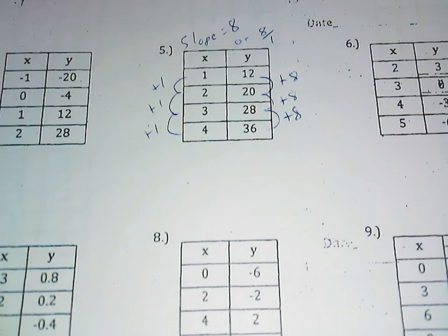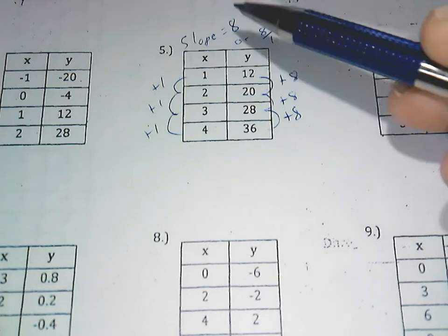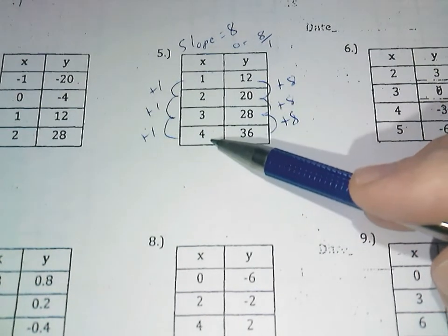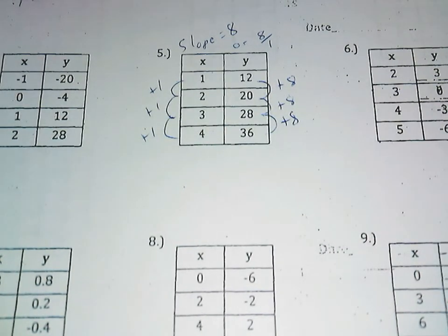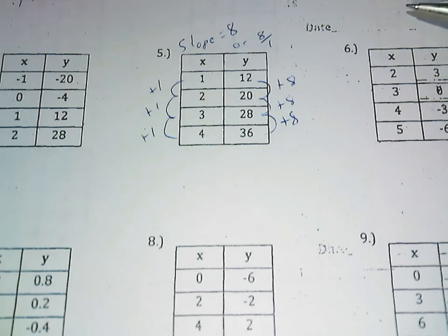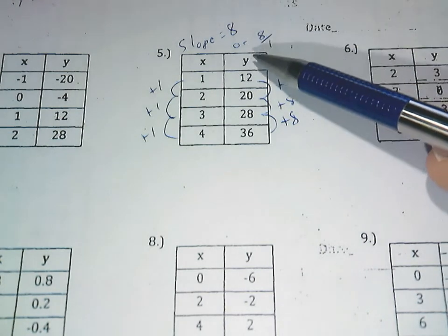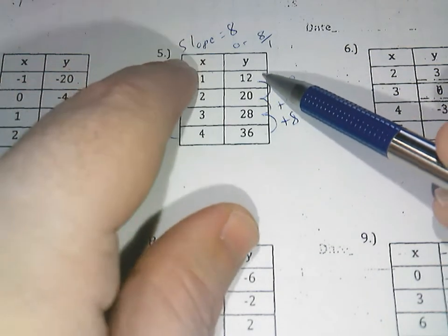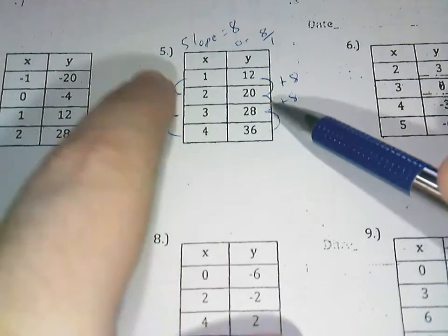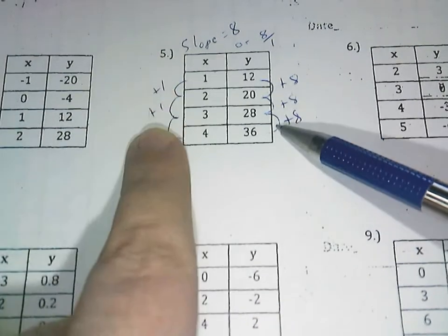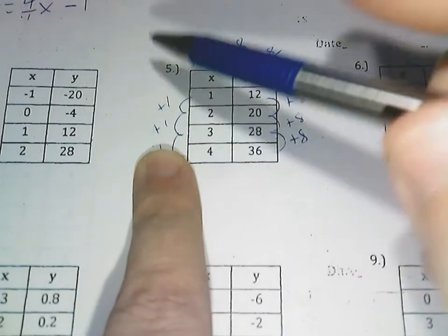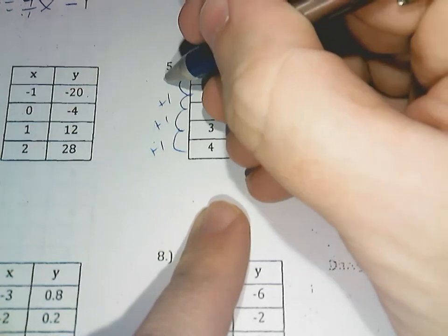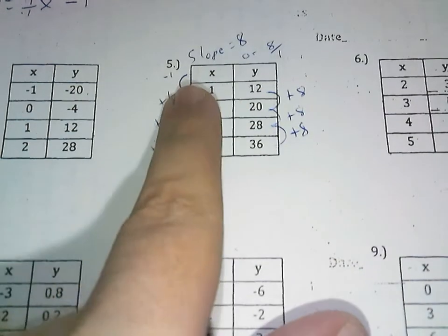Now I need to figure out my y-intercept. But if I look here, x isn't 0 anywhere here, right? So how could I figure it out without x being 0? Well, I use my slope to figure it out. If I'm going plus 8 this direction and plus 1 this direction, if I go back 1 from 1, I'd be minusing 1, I'd be at 0, right?